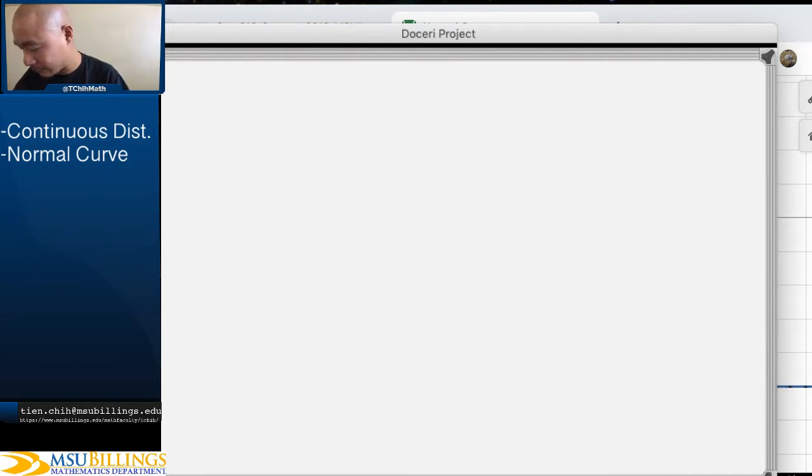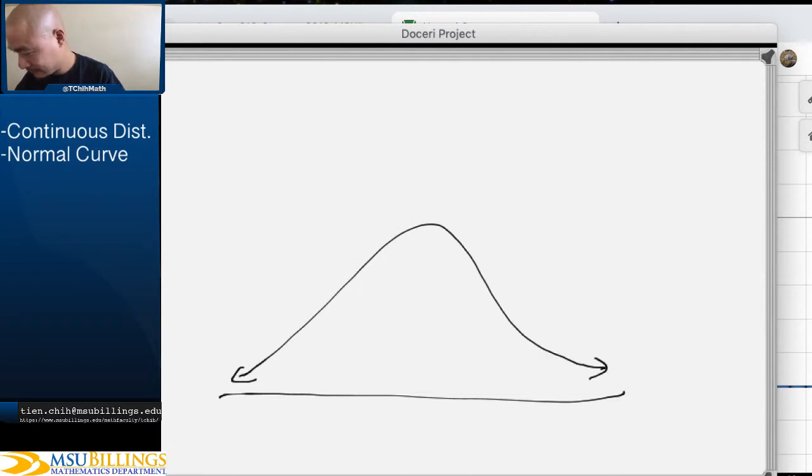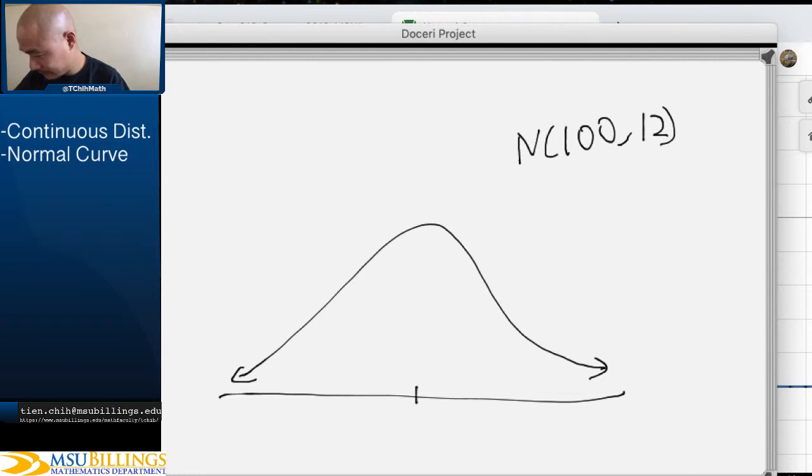Let's say I have a curve whose mean and standard deviation are 100 and 12. Maybe these are the results of a standardized test, clearly not graded out of 100, but you get points of a certain sort, and the distribution is such that the average outcome is 100.